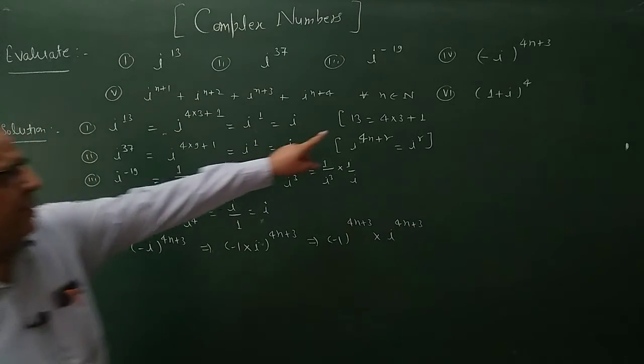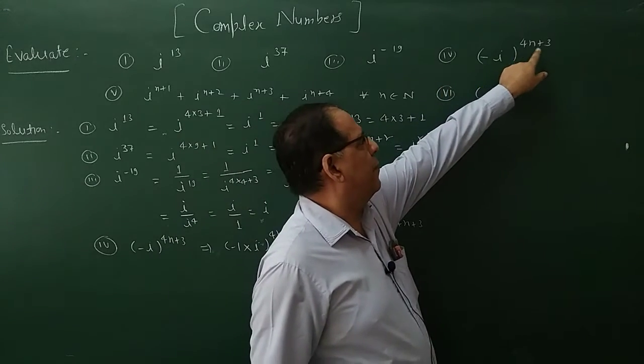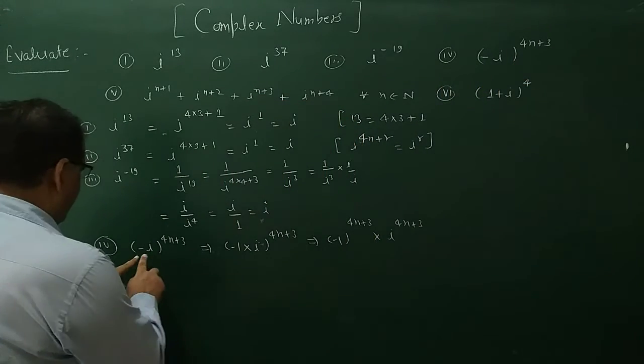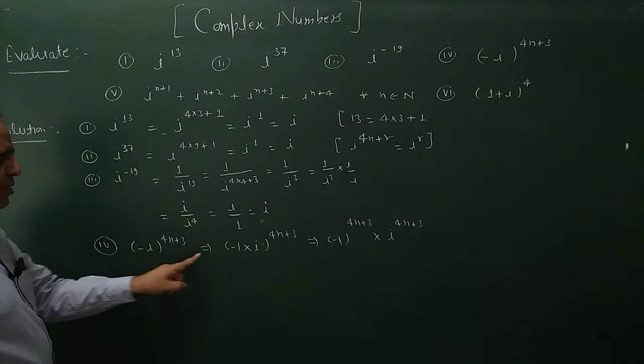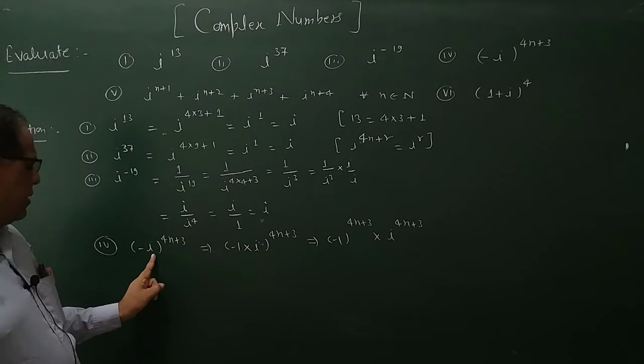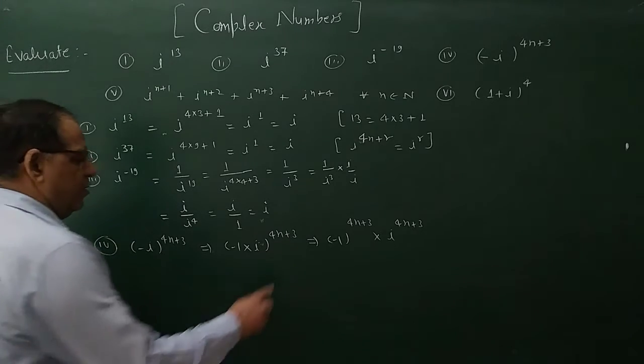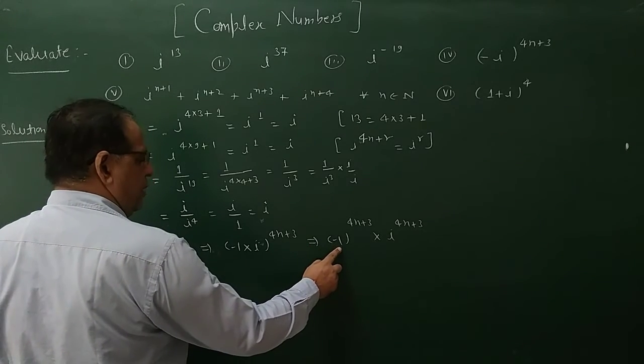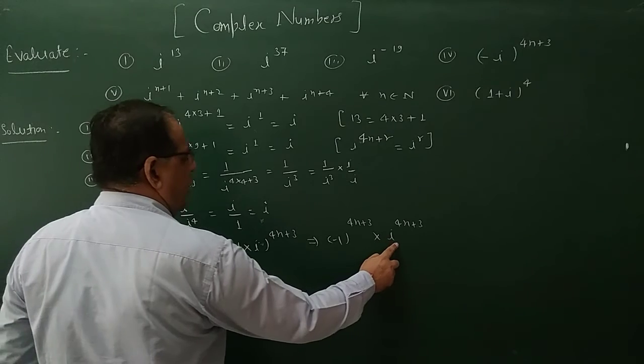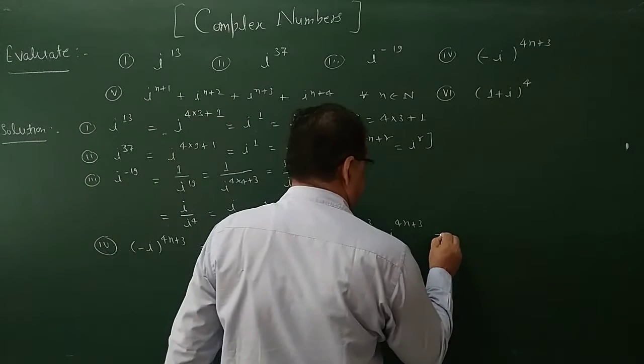Here the question is minus iota to the power 4n plus 3. So now we take minus iota whole power 4n plus 3. Minus iota can be expanded as minus 1 into iota, whole power 4n plus 3. So this implies minus 1 to the power 4n plus 3 into iota to the power 4n plus 3.